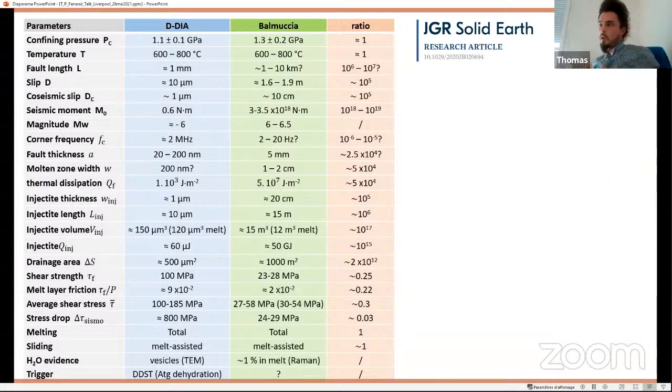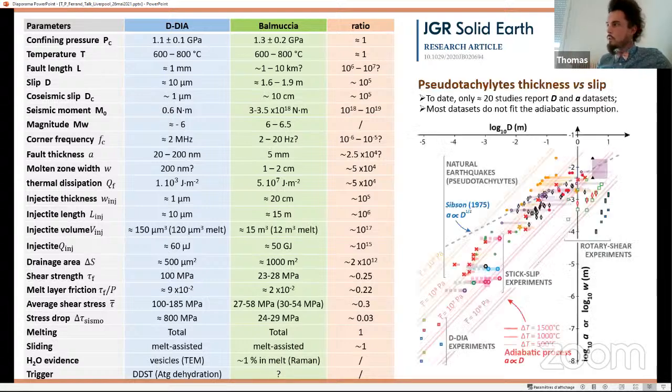So we compare a magnitude -6 with a magnitude 6 approximately, and we observe that this is quite similar, but somehow there are some differences that we want to understand. So I tried to collect all the data that were available in the literature from various studies.